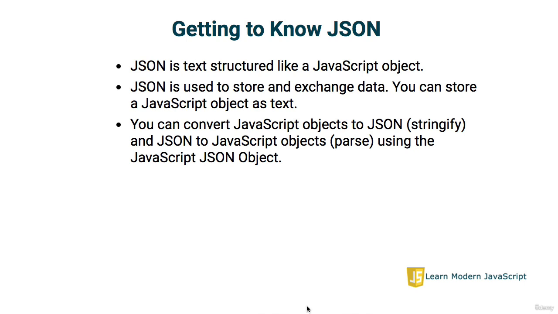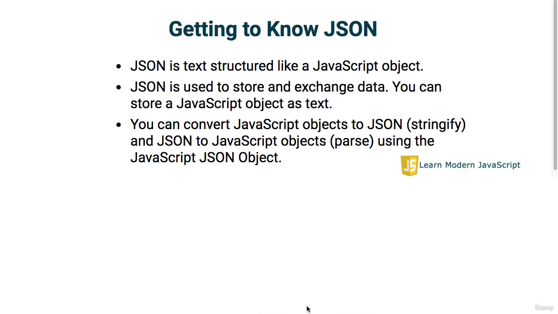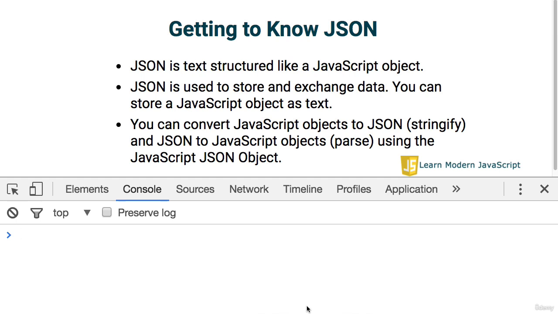Okay, let's take a look at a quick and simple example. I'm going to open the console. And I'm going to create a simple string and assign it to a variable. But this string is going to be formatted using JSON.